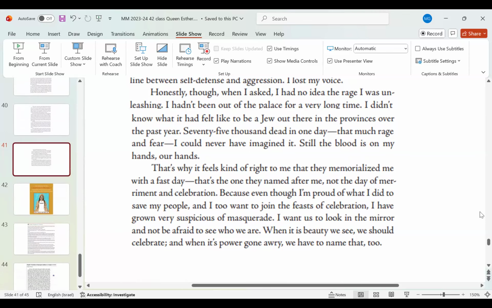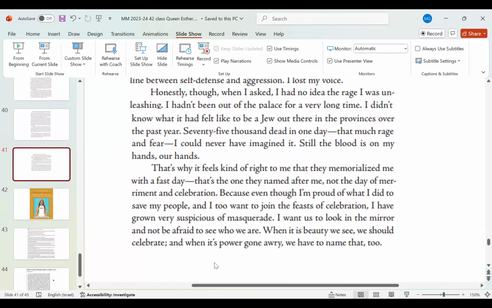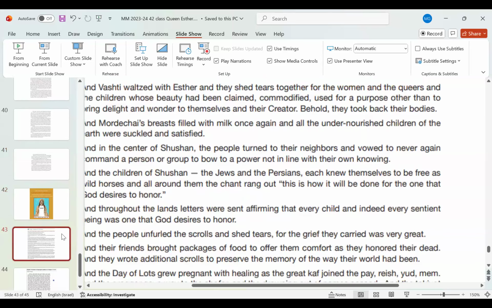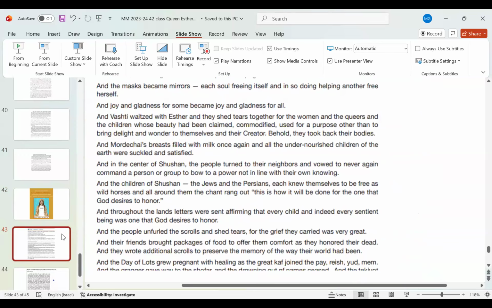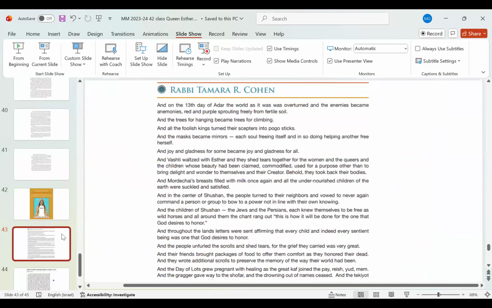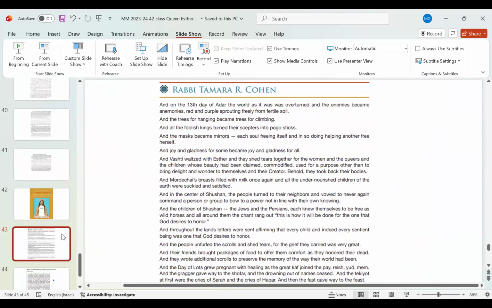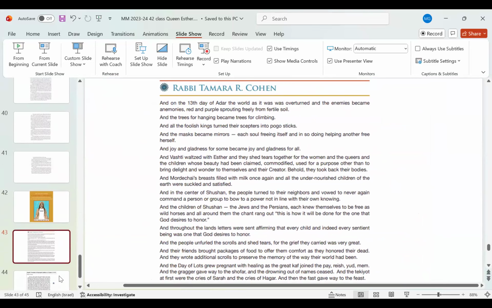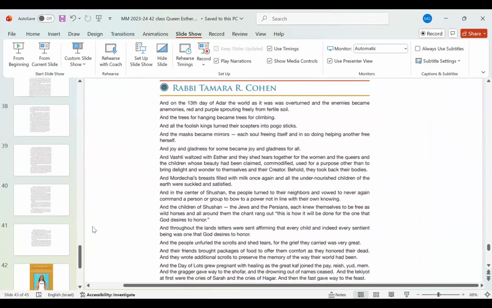Wow. Okay. Let me just see what's the next stuff here. Really want to discuss that with you. Who wrote this? Wait, we'll talk about it in a minute. Okay, this is by Tamara Cohen, and she also has a prayer here. And I think the last two slides were the Septuagint, so we actually made it on time.